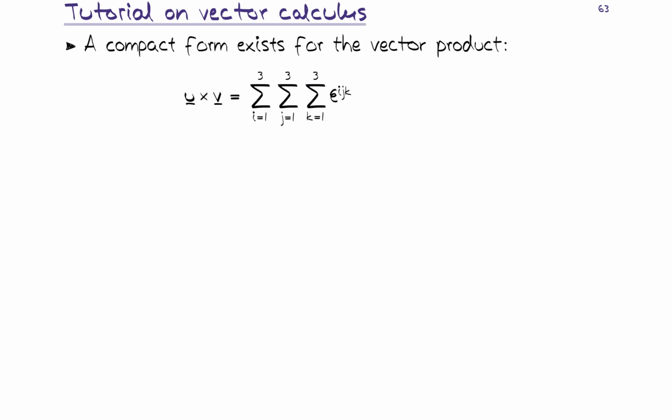This is the Levi-Civita parity symbol. I will introduce later what it is. And then I'm multiplying u_j with v_k, and then I'm having a component along the i direction. So e hat is a unit vector along the x, y, or z direction, depending on whether i is 1, 2, or 3.